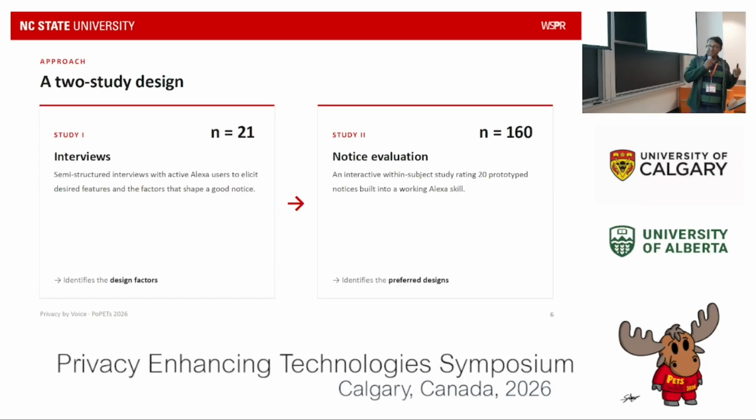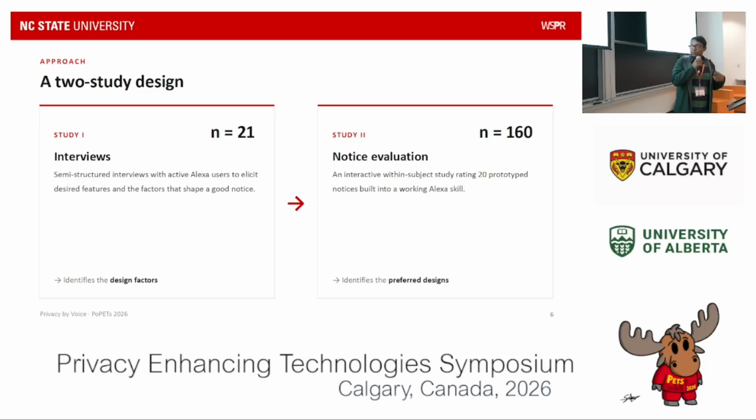To answer those questions, we ran a two-phase user study. In the first phase, we interviewed active voice assistant users. We recruited them through various online social media and Reddit groups. But the recruitment process was very rigorous: they not only had to agree, but they had to join an online Zoom session to show that they had the voice assistant with them, so that we knew they were actually users of it.